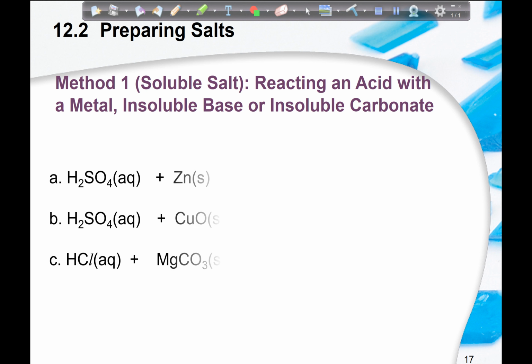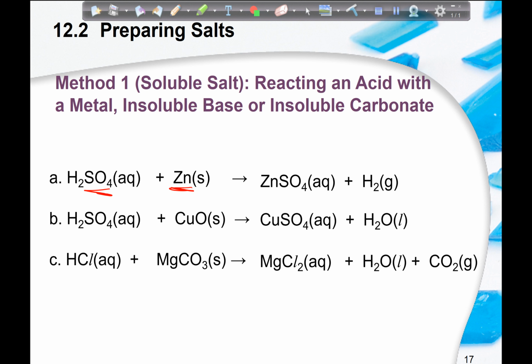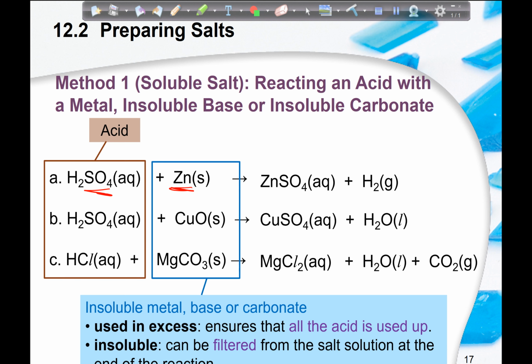Okay, so this is an example. If I'm going to prepare a soluble salt, I have my zinc here reacting with my sulfuric acid to give you zinc sulfate and hydrogen gas. I'm not going to touch into this reaction. You need to identify the acid as well as the insoluble base.